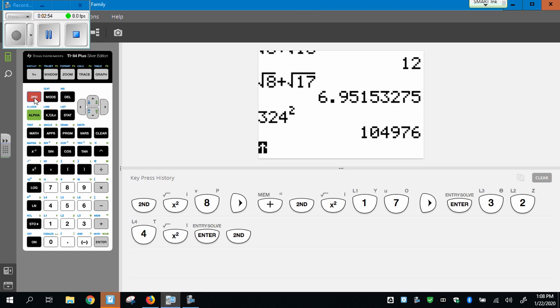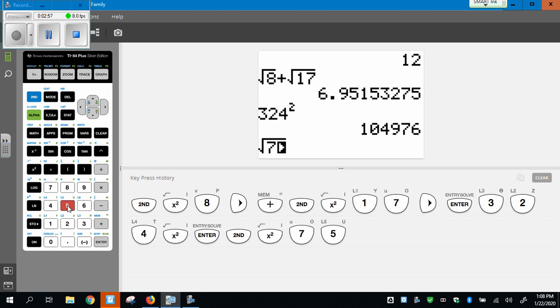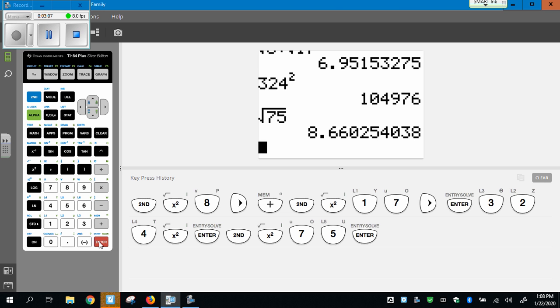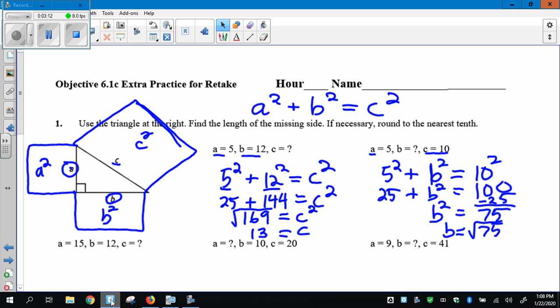I know that the square root of 64 is 8, and the square root of 81 is 9, so it should be somewhere between 8 and 9, and it looks like about 8.66 is my answer. So b is approximately 8.66, and if I round to the nearest tenth, as in the directions, that would give me 8.7.